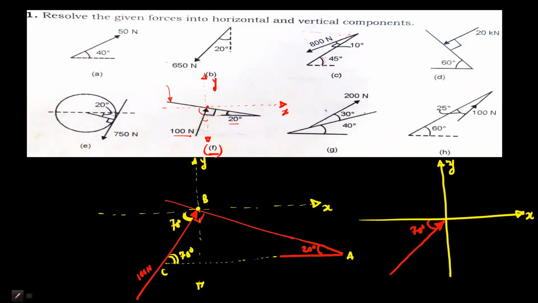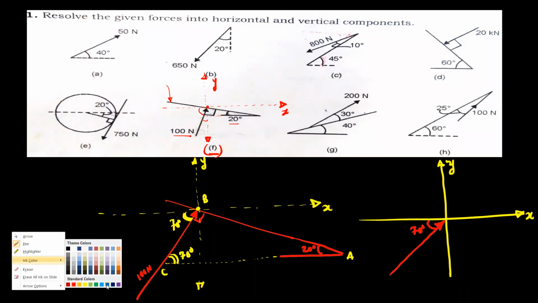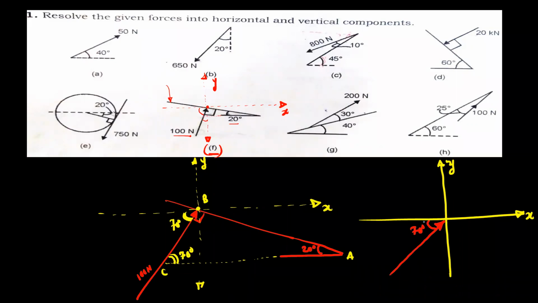Now you can resolve the force. For the force resolution, either you can resolve at this point, that is the origin, or point B. So we have to draw the vector like this. This is the x component and this is the y component.